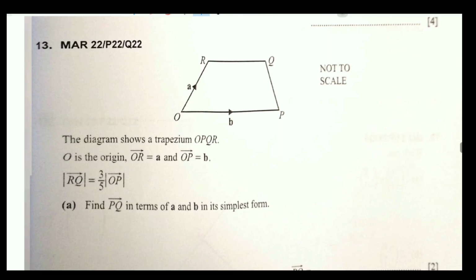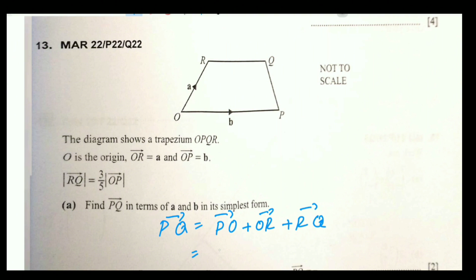This is also very easy. We have to find PQ in terms of A and B. So how to find PQ? PQ is equal to PO plus OR plus RQ.